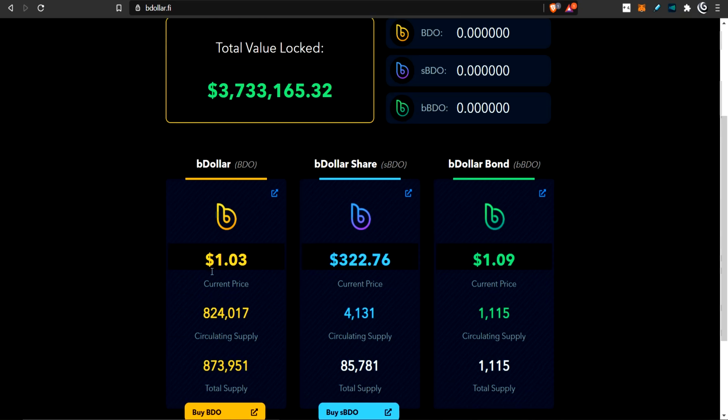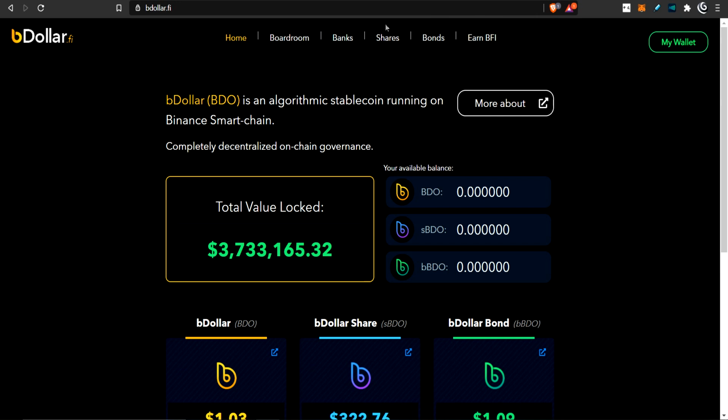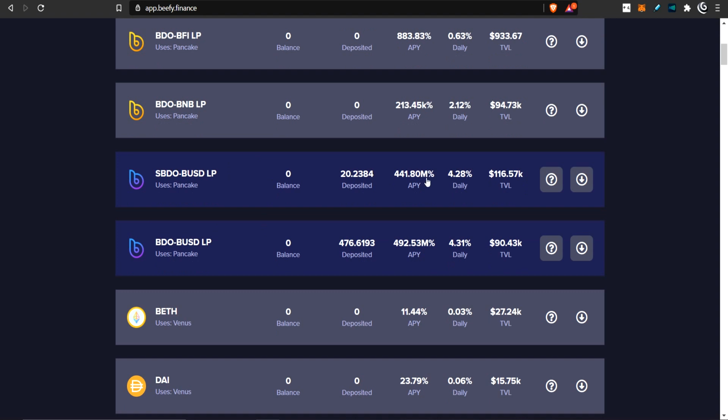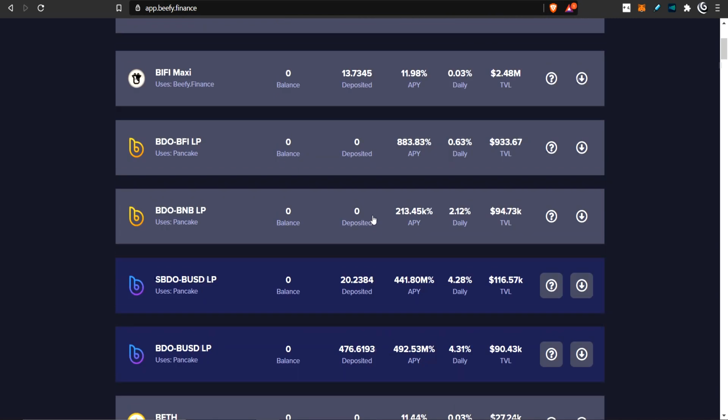I will go through all of the little buttons and stuff here after I explain a little bit about what algorithmic stablecoins are, or this one in specific. And here are the beefy vaults that we're talking about, these two blue ones here. I've deposited a little bit in here because, why not give it a try, okay?